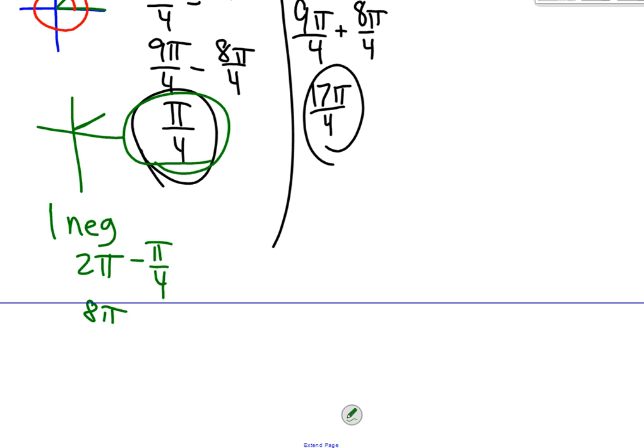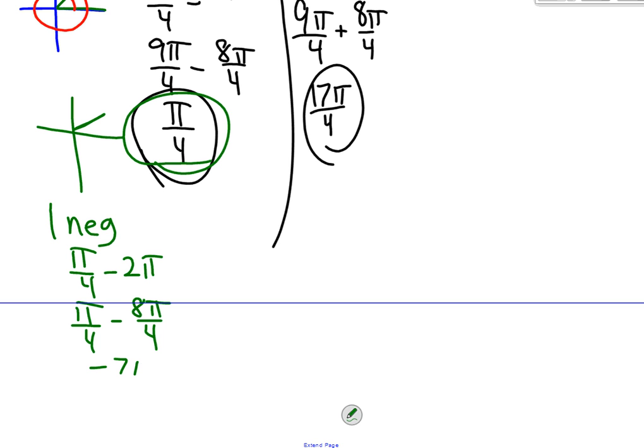So 8 pi over 4 minus pi over 4, which is, oh, just a second. I did that completely wrong, even though in my head I had it right. Really, we have to take pi over 4 minus 2 pi. So pi over 4 minus 8 pi over 4, and then we get negative 7 pi over 4. So there would be our negative value, and that's generally what people get for the negative value.